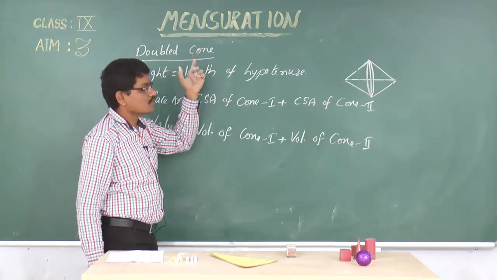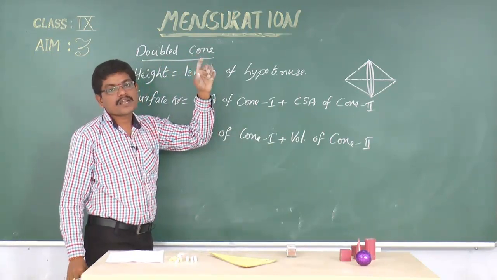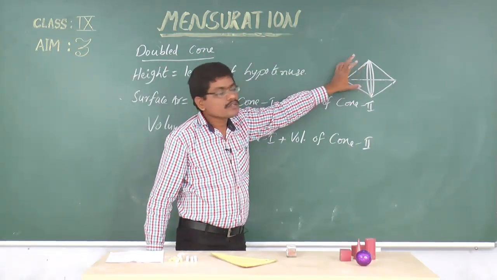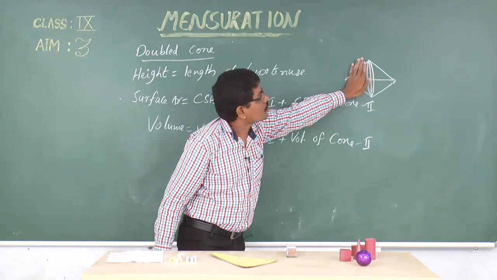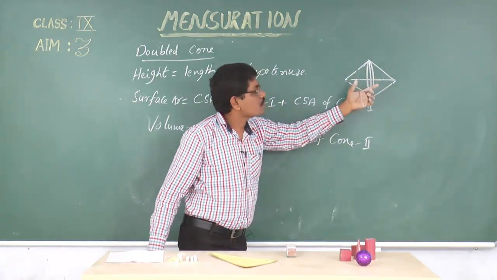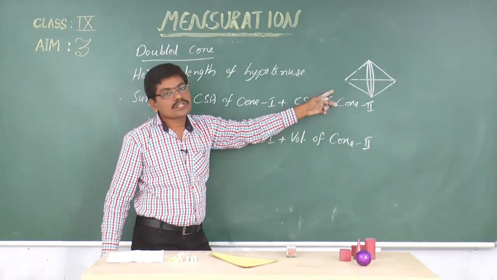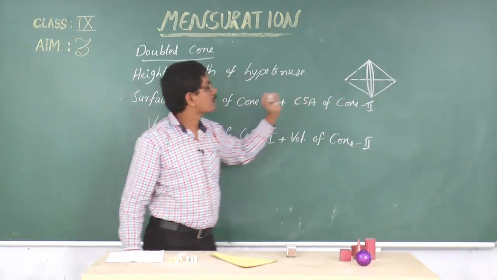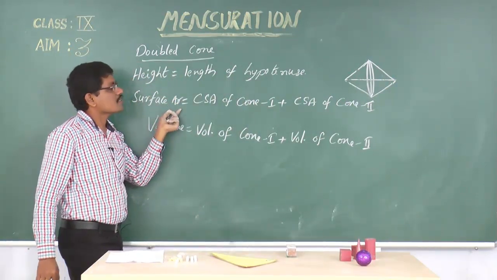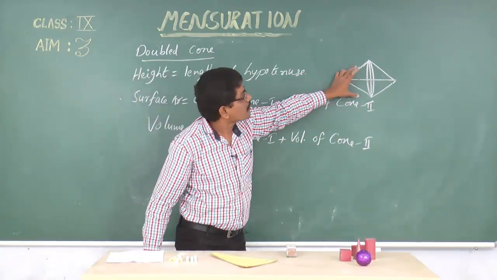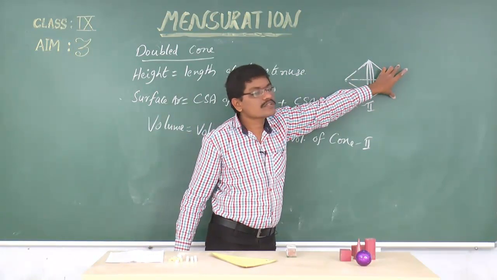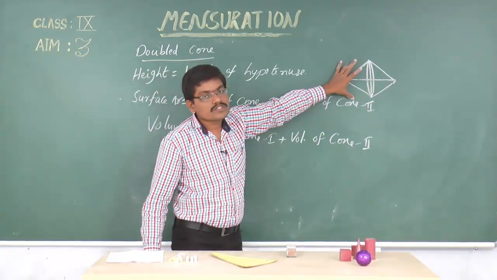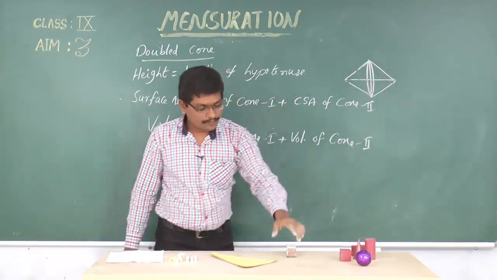So once again see here, if you rotate one right angle triangle along its hypotenuse, then we will get this double cone. This side one cone and this is another cone. So the height of that cone is length of hypotenuse. And next one, surface area is equal to surface area of this cone plus surface area of this cone. And volume is equal to volume of this cone and volume of this cone.